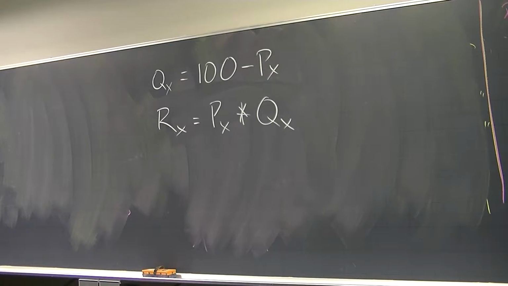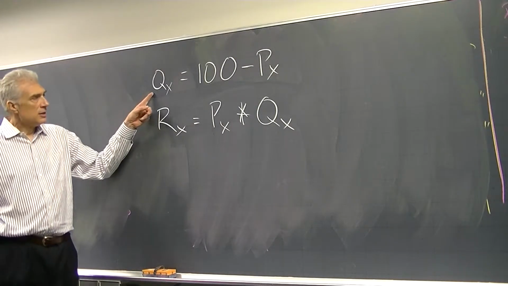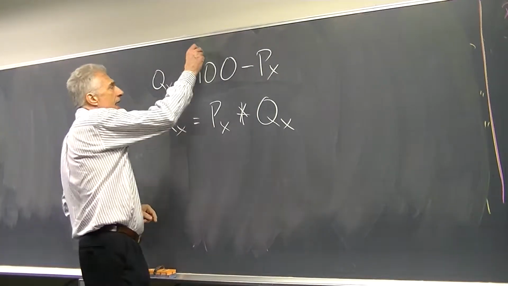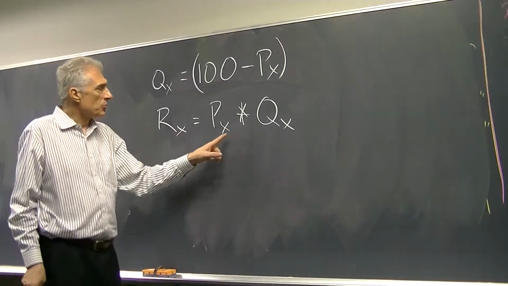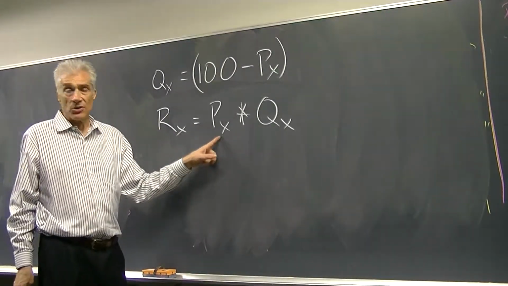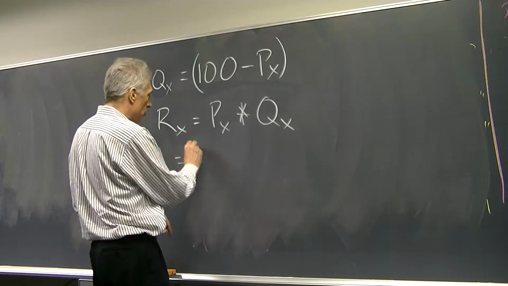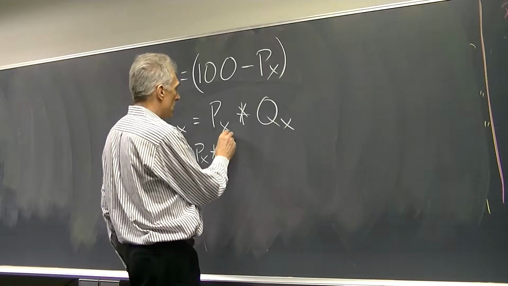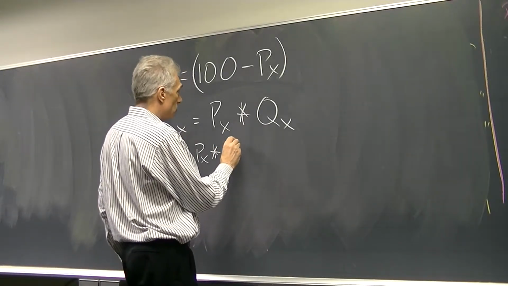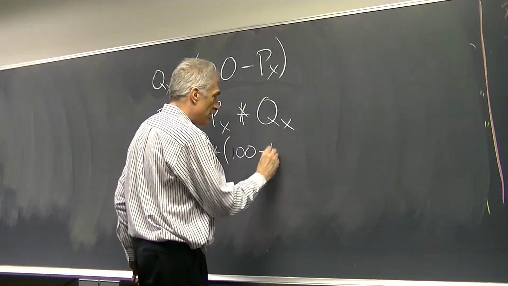Price times quantity: what you charge for it, and how much you sell. That's your revenue. It's not hard. Well, this is the quantity, and that's the price, so we can substitute. That is equal to px times 100 minus px.